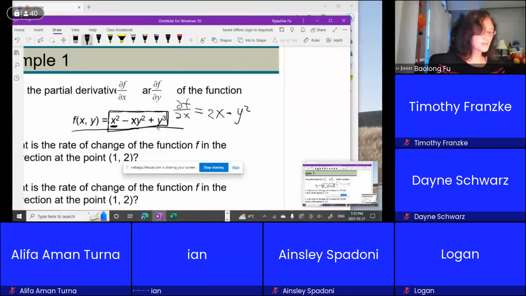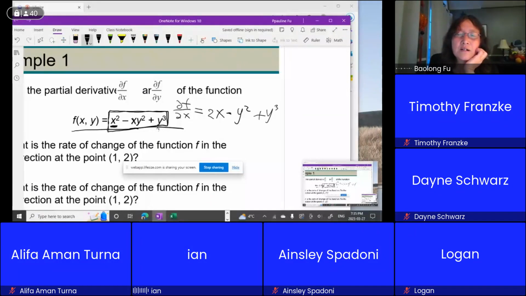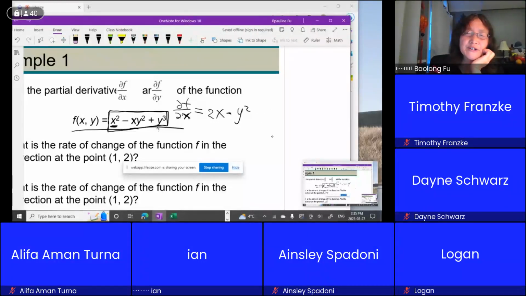Would it also be plus y cubed? If y squared stayed, would y cubed also stay? Thank you for this question. We are doing the derivative relative to x. We only take the derivative relative to x. We consider y constant, so this would be 0.